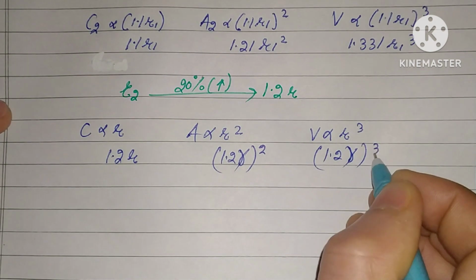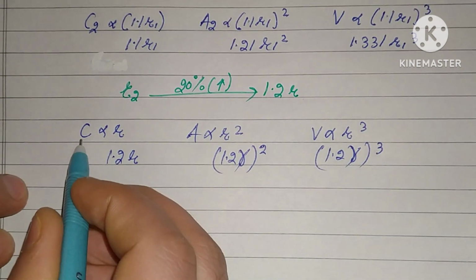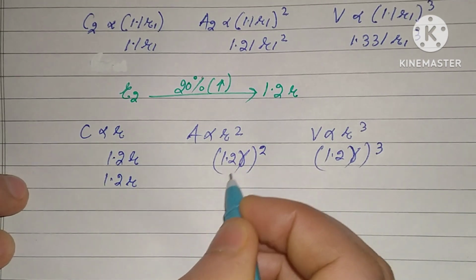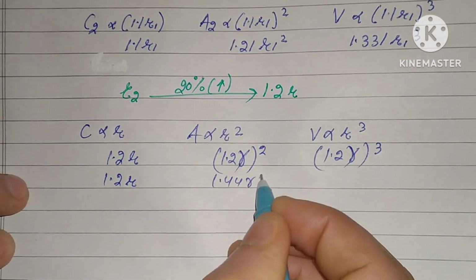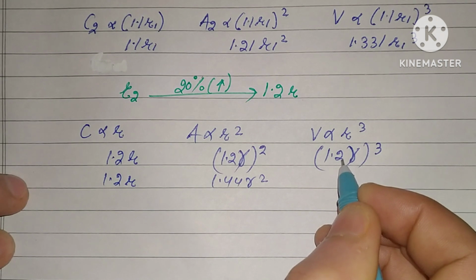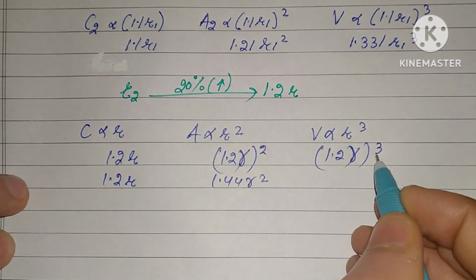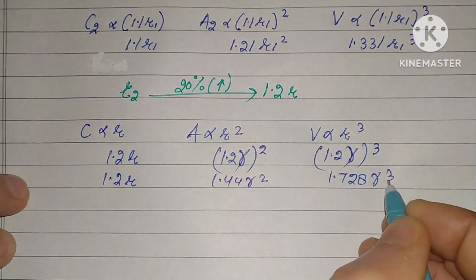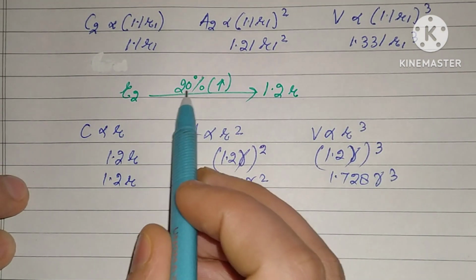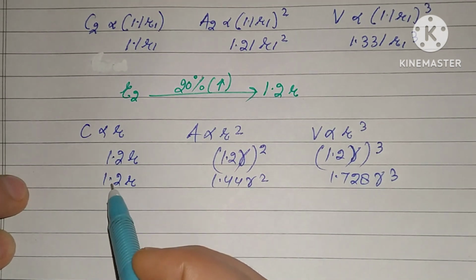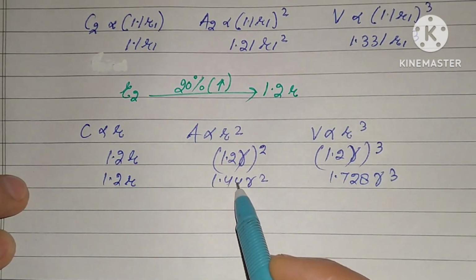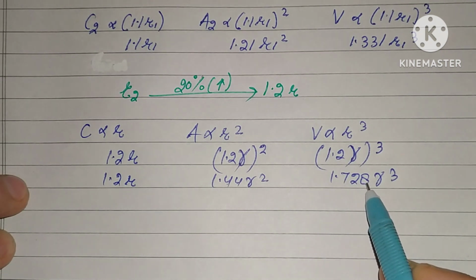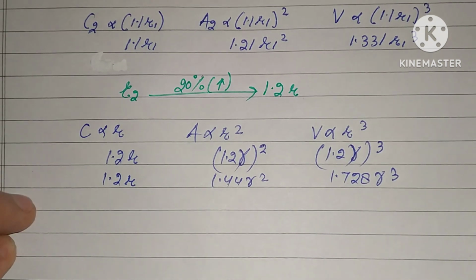So the new circumference will be 1.2 times r. 1.2 square will be 1.44 r square, and 1.2 cube will be 1.728 r cube. And so when the radius increases by 20%, circumference will increase by 20%, area will increase by 44%, and volume will increase by 72.8%.